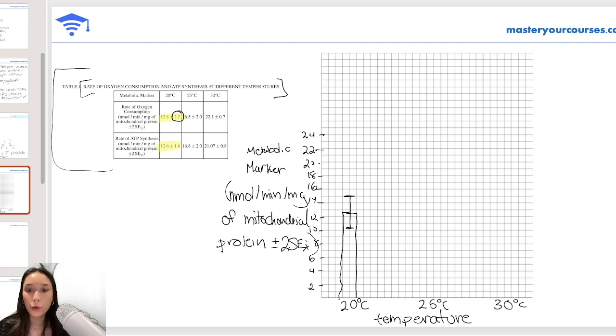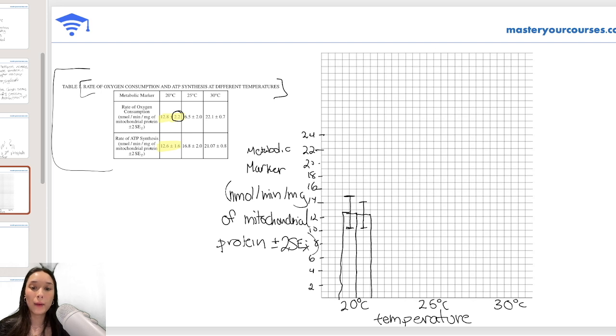And then your other one is 12.6, so we'll put it slightly lower. Again, as long as it's somewhat accurately plotted, they will give you the marks for it, and then plus or minus 1.6. So we'll go up 1.6 here, and then 1.6 down.